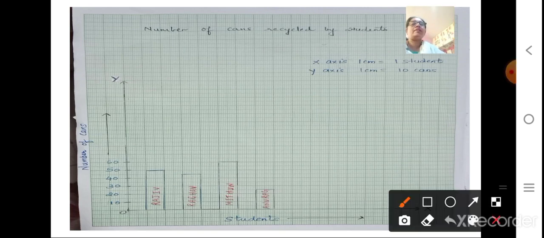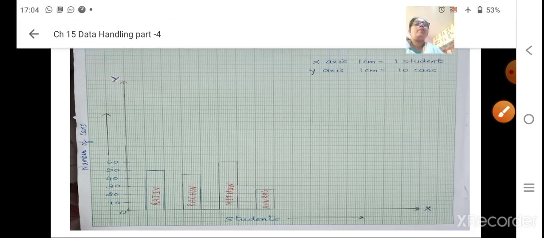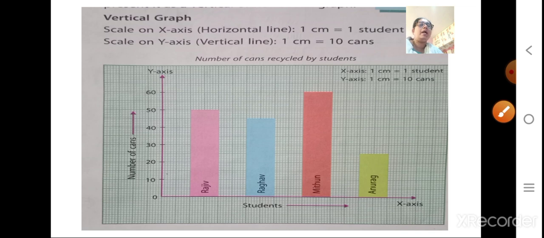That is, Rajiv has recycled 50 cans, Raghav has recycled 45 cans, Mithun has recycled 60 cans and Anurag has recycled 25 cans. So using the data, we have made the vertical bar graph. In the same way, we can also make the horizontal bar graph. Okay, this is how your bar graph will look.